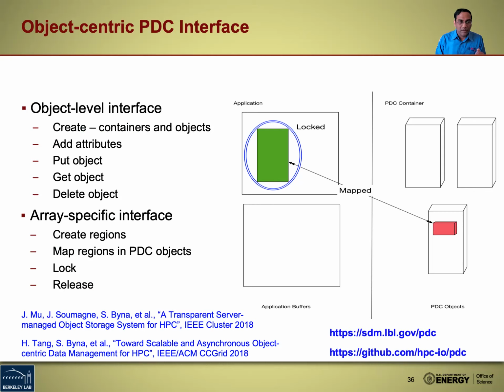So the array specificness, because it's not only just putting a petabyte of data and getting it. The scientific data also deals with accessing small amounts of data, so they can map that small amount of data and access, read or write those data. So the lock and release help with when to move the data.